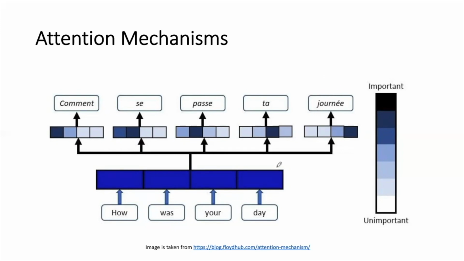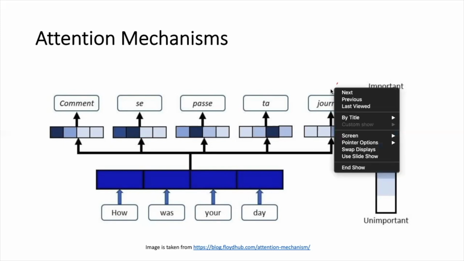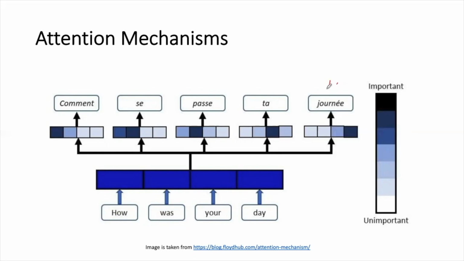Here, what any attention mechanism typically does is try to give scores for different input words. Here we have 4 input words: how was your day. For each output word that we need to generate, we try to assign a score for each of the input words.